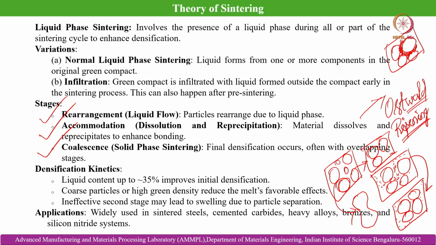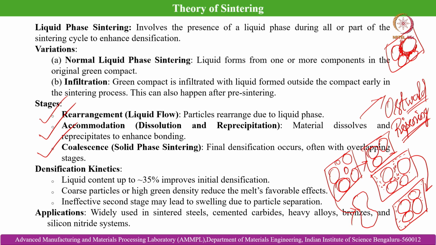So, the densification kinetics, what is that? The liquid content up to 35% improves initial densification, and coarse particles or high green density reduces the melt's favorable effects. That means there is not enough path for the liquid which is formed if the porous network is getting constricted due to the presence of coarse particles or higher green density, that means higher powder loading within the compact.